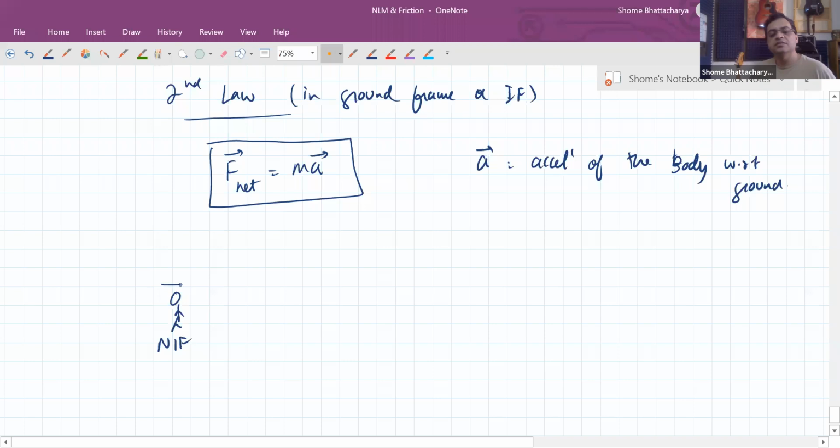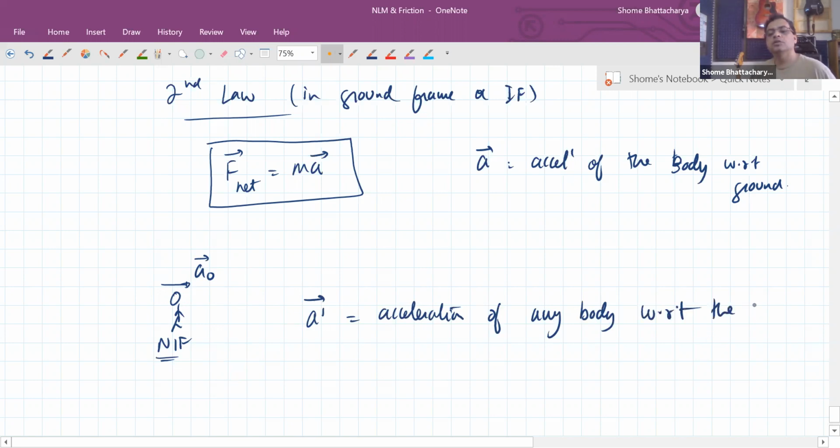Now suppose we have a non-inertial frame that itself is moving with an acceleration A naught with respect to the ground frame. Then consider the acceleration of that same body with respect to, or relative to, the non-inertial frame. Which body? The body which has acceleration A in the ground frame.